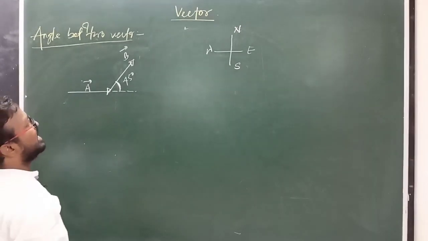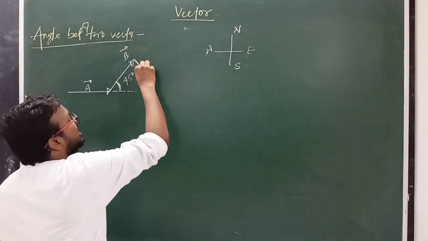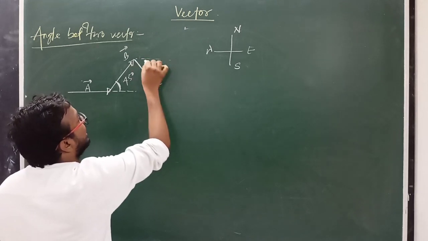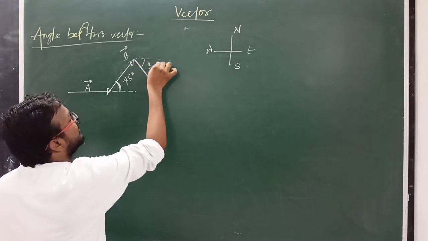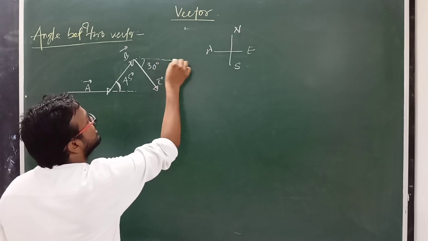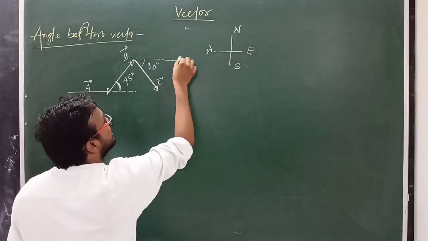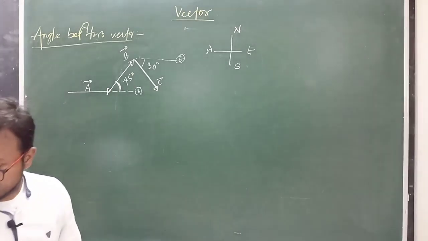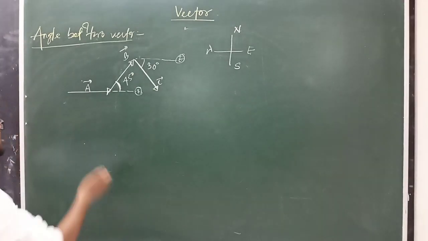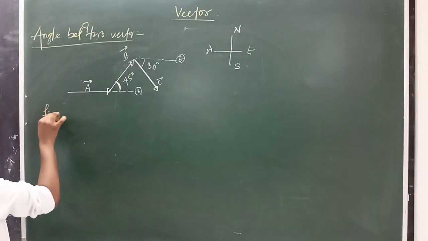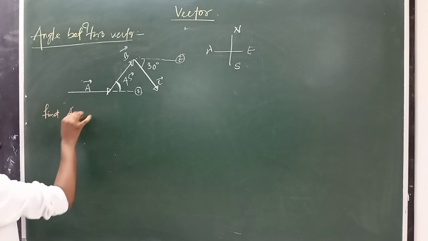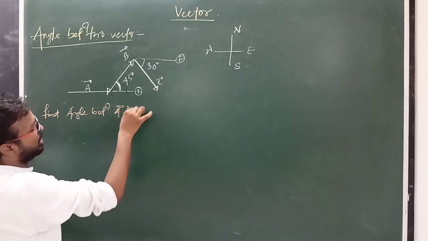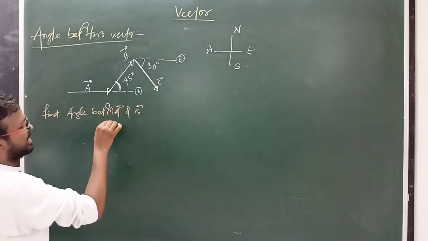Clear? And if we take another vector, suppose there is another vector, C vector, here, which makes an angle of 30 degrees with the east axis. Now a question may arise here: find the angle between A vector and B vector, first question.